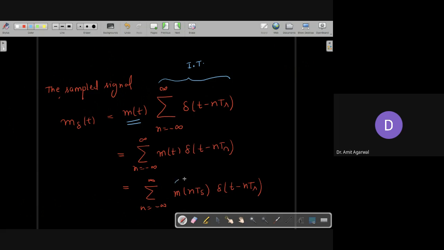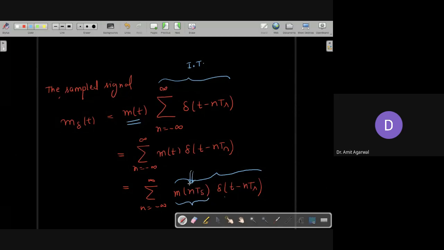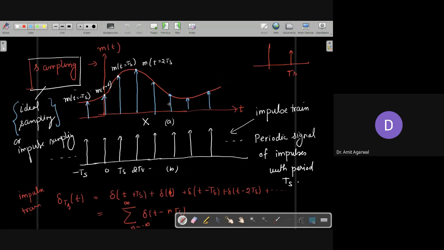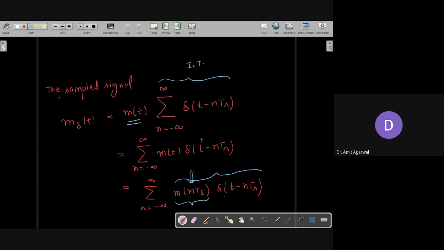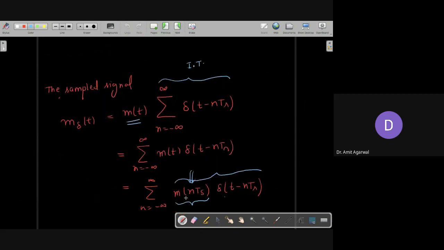This is nothing but the nth impulse, whose strength is equal to the value of the message at time t equal to nTs. So this is your nth impulse, whose strength is equal to m(nTs) and whose location is at nTs.